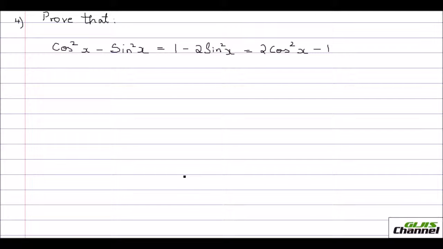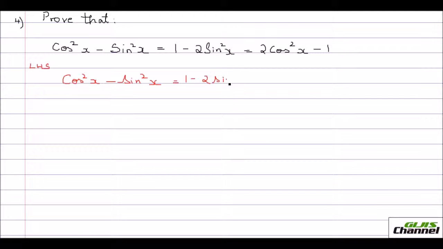You have to prove that your cos square x minus sin square x is equal to 1 minus 2 sin square x, and it is also equal to 2 cos square x minus 1. So let's start with the left hand side. So on the left extreme you have cos square x minus sin square x. I need to show this is equal to 1 minus 2 sin square x.